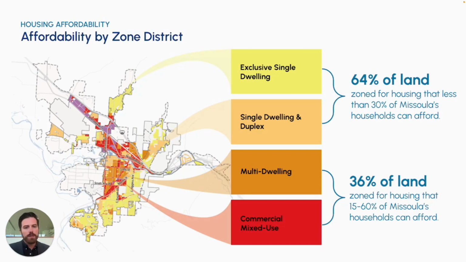While conversely, only about 1/3 or 36% of the city's land that's zoned for housing allows housing types that could be affordable to up to 60% of Missoulians. So a majority of the land zoned for housing within the city is limited to housing types that are unaffordable to most households in Missoula.